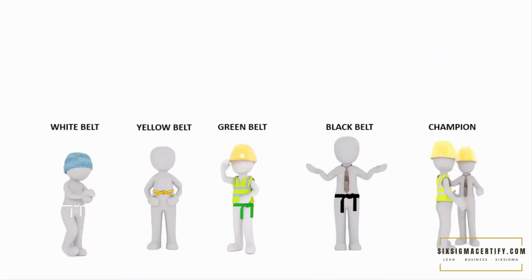These may be the white belt, yellow belt, green belt, black belt, or champion. And we allocate different tasks to these people along with other people who are also called the Six Sigma associates or executives, who are not really related to the Six Sigma belts or who don't have the professional Six Sigma belt training, but they can help during the Six Sigma project. So all these stakeholders are actually forming the Six Sigma team.